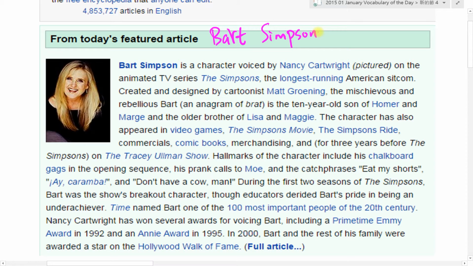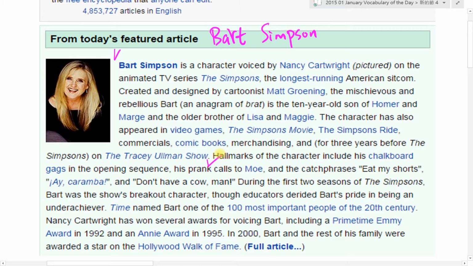那我们现在会从 Bart Simpson 一直念到 The Tracy Ullman Show。好，我们来念一下。Bart Simpson is a character voiced by Nancy Cartwright, pictured on the animated TV series The Simpsons, the longest-running American sitcom created and designed by cartoonist Matt Groening.